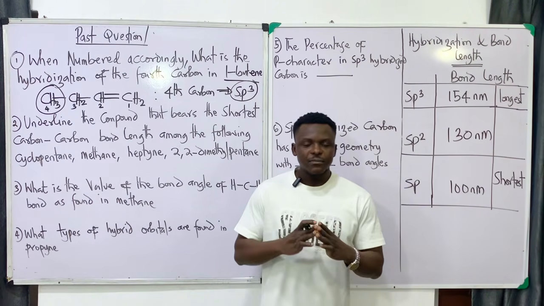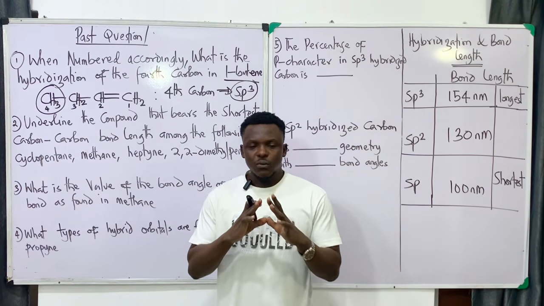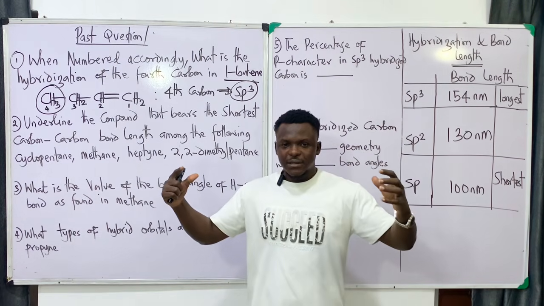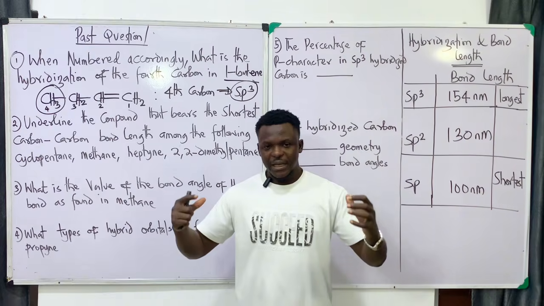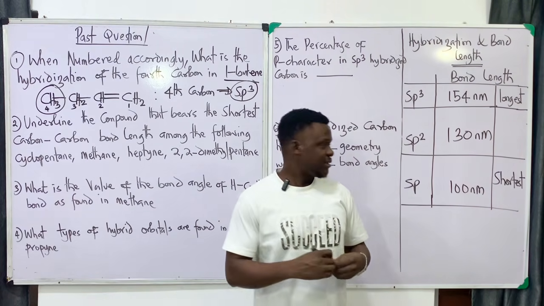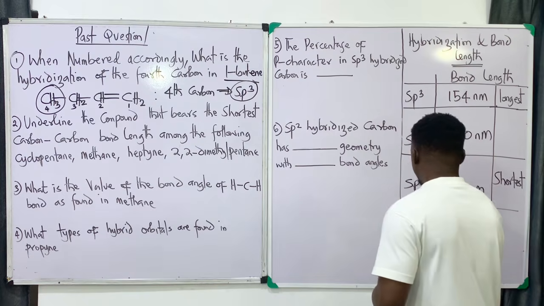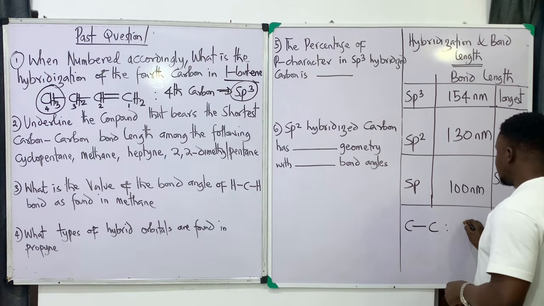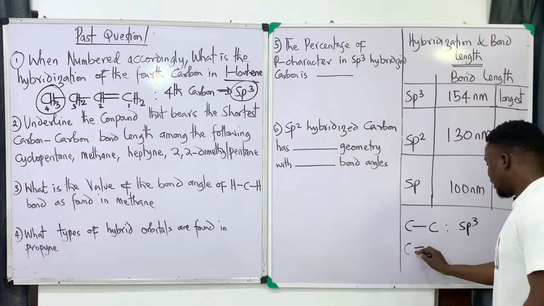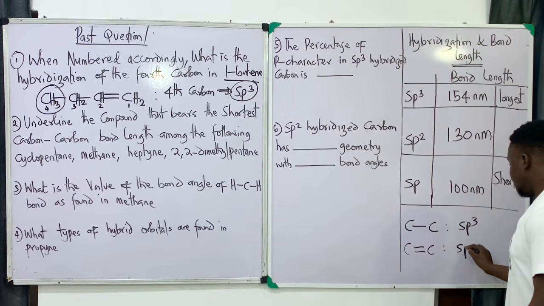Now listen, carbon-carbon single bonds, that is sp3 hybrid carbons, have the longest bond length. In terms of bond length or bond distance, sp3 carbon has the longest. What do I mean? A carbon-carbon single bond, this is sp3, has the longest. Followed by the carbon-carbon double bond, which is sp2.